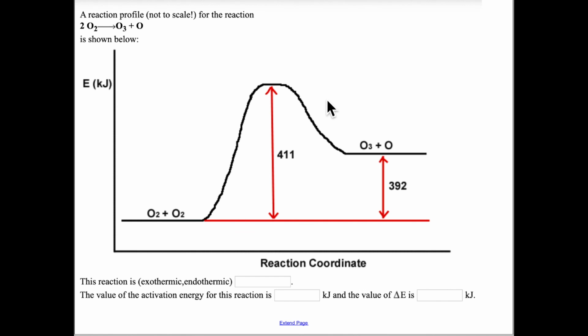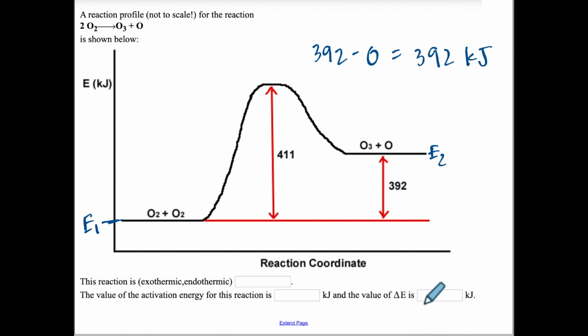And then on this problem, it's asking us the same thing, only we have a little different shape on our curve. So here are the reactants. So that would be the E1. E2 is going to be here. So we could say that E2, 392, minus 0 is 392 kilojoules.